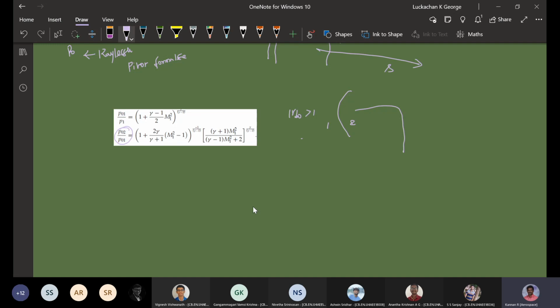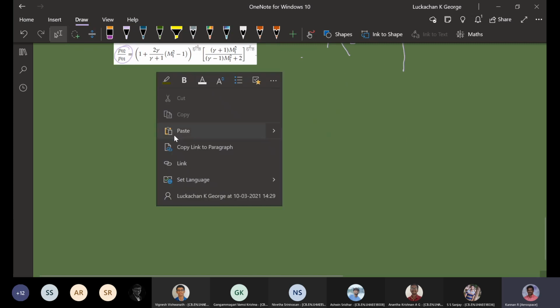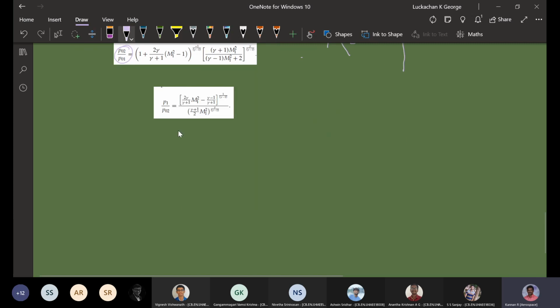If you multiply equations 1 and 2, you get an equation for P1 by P02. Upon multiplication of the above and simplification, that results in this equation, which we call the Rayleigh-Pitot formula.